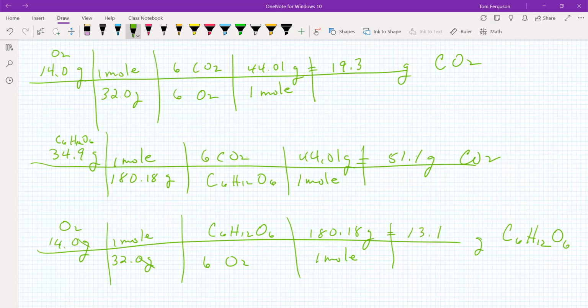So if we use up all the oxygen, we're only going to use 13 grams of glucose. So we started with 34.9. So how much excess do we have?